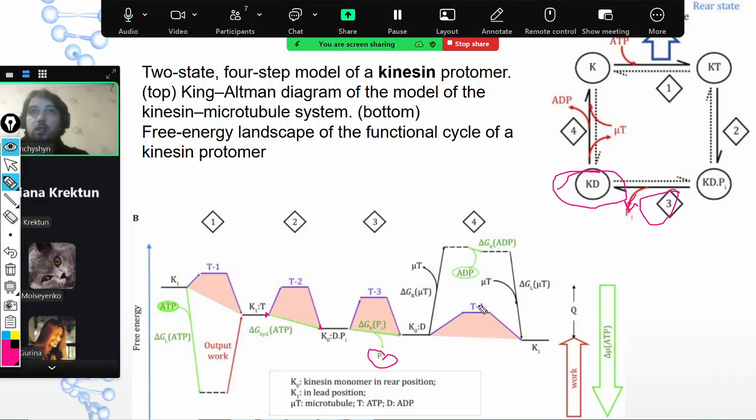It's a little bit complicated to perform, so we spend some energy to do that, but anyway it transits back to the kinesin without anything bound, and it's ready to rebind to the ATP.